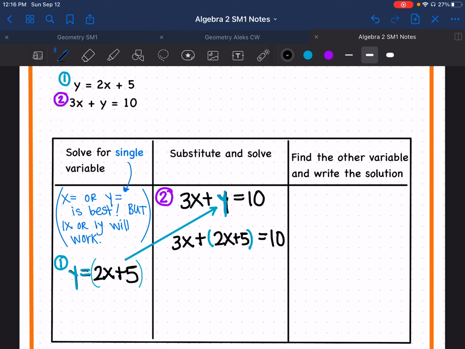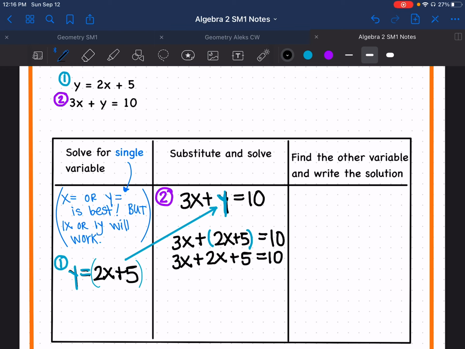Since it was simply y, and I expanded it, the parentheses are not making me do any distributing. They would only make me do distributing if there was a number right here in front of the y, but there's not. So I just have 3x plus 2x plus 5 equals 10.